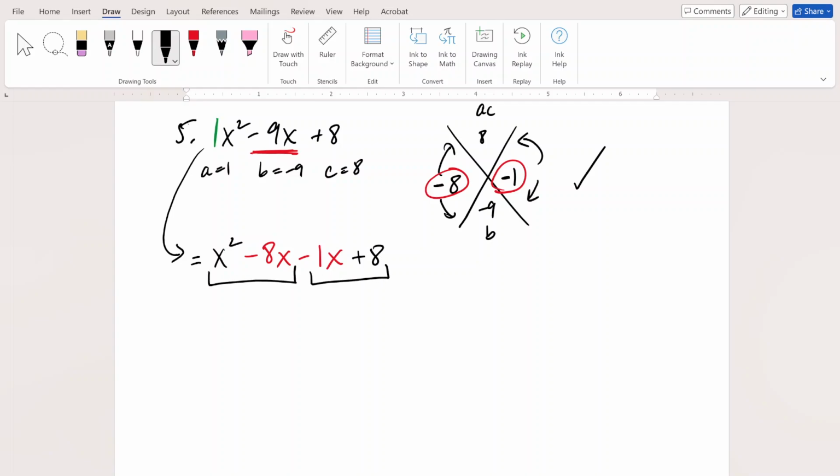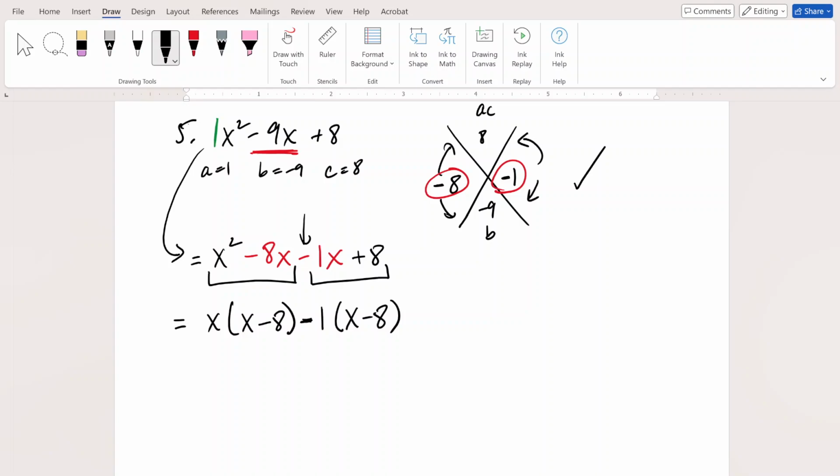So the GCF between x squared and -8x is x, leaving me with x minus 8. There's a negative sign here, so use a negative sign. And then what's the GCF between 1x and 8? Well, between 1 and 8, it's 1. And between x and no x being involved, it's just 1. So really, you're pulling out a -1 from this, leaving me with x minus 8.